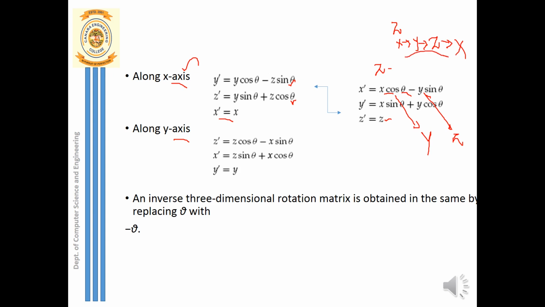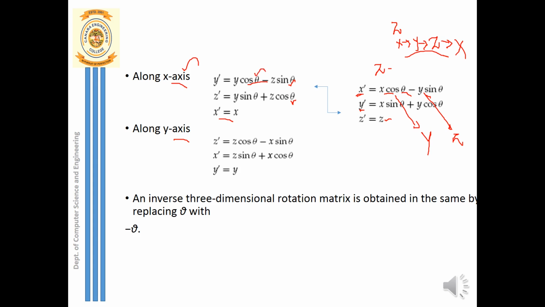So when does this cyclic permutation happen? That is here. As I already said, earlier we had x cos theta minus y sin theta. So when you're performing rotation along x-axis, x values remain unchanged, so this is not there. But now you have to write a new equation for y dash. Refer to this old equation. Earlier it was x cos theta, now that should be shifted to y, so it became y cos theta.